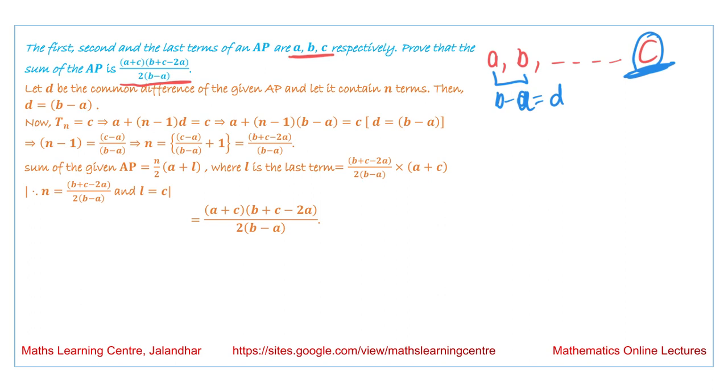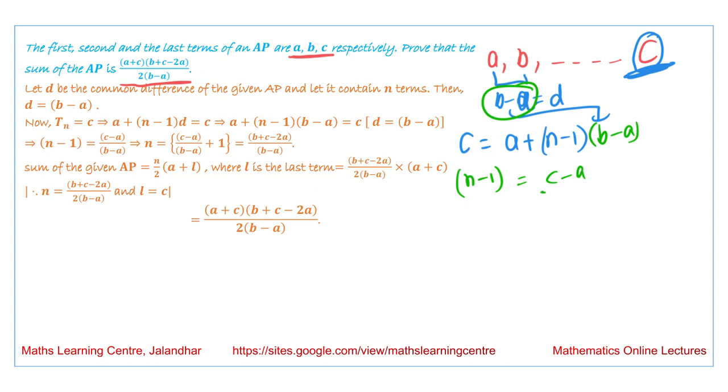So C is equal to A plus (n minus 1) into the common difference, which is B minus A. So we obtain n minus 1 is equal to (C minus A) over (B minus A). So the value of n is equal to 1 plus (C minus A) over (B minus A).